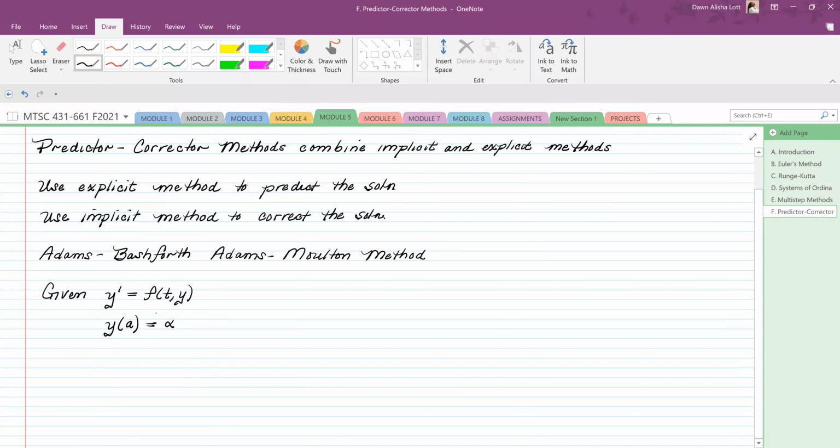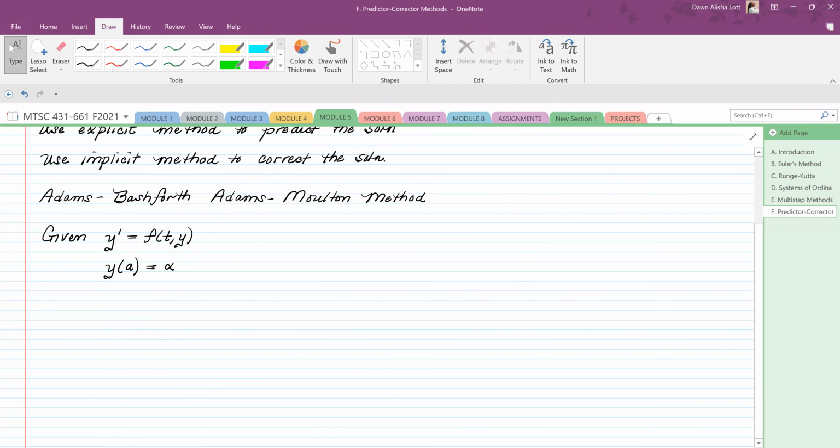Now, for the Adams-Bashforth, I know it's a 4-step method, so I need 4 steps. We could use Euler in order to get those 4 steps, but we know that Euler is not nearly as good as the Runge-Kutta. So we'll use Runge-Kutta to get y1, y2, and y3.